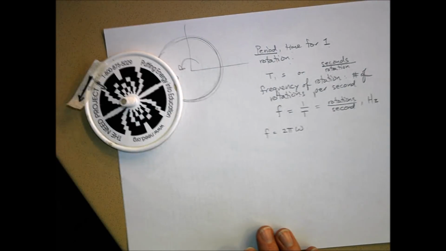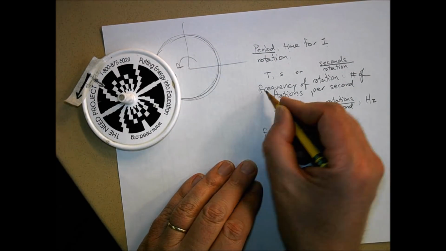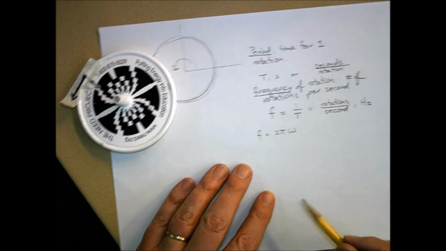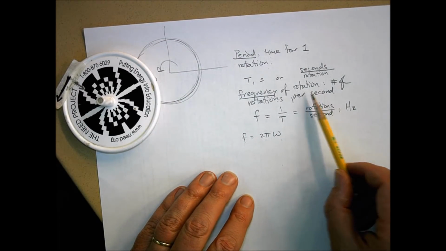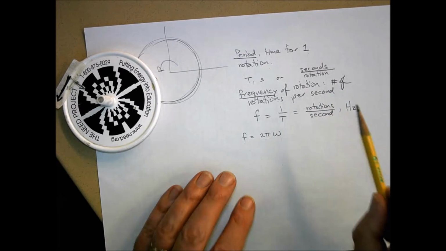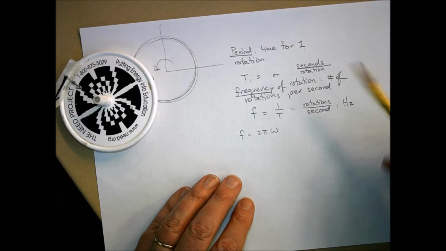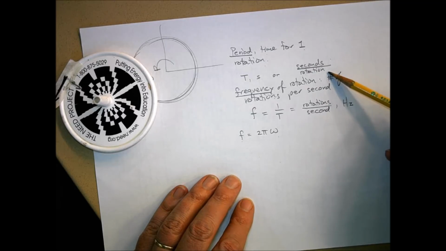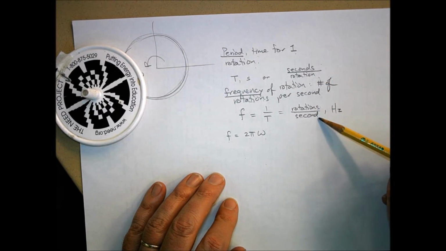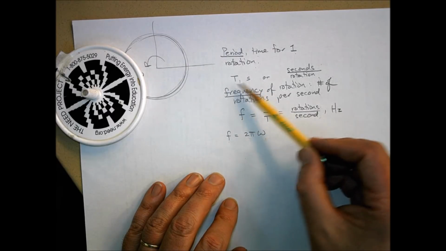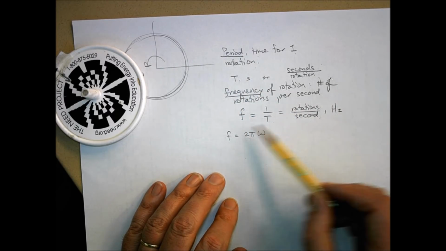Now, based on that, we have frequency. And the frequency of rotation is the number of rotations per second. Well, if this is seconds per rotation, and then I want rotations per second, I just take the reciprocal of this. Just reciprocate the period, and you get what we call the frequency of rotation.